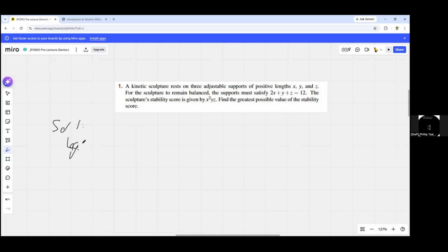Now this is overkill. I think it's not a nice method to first introduce people to, because with derivatives, for this problem there are three variables. So even if you isolate one of the variables, like for example y is equal to 12 minus 2x minus z, you still get an equation with two variables.